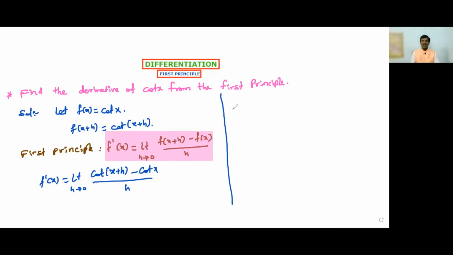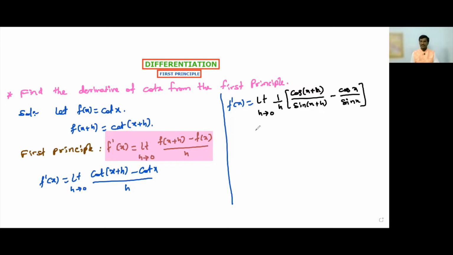So cot we can write as cos by sine. So f dash of x is equal to limit h tends to 0, and I am writing divided by h as 1 by h, into cos of x plus h divided by sine of x plus h, minus cot x, that is cos x divided by sine x.